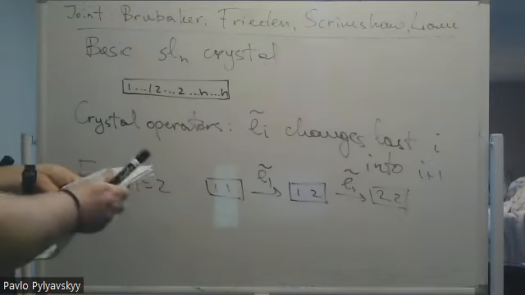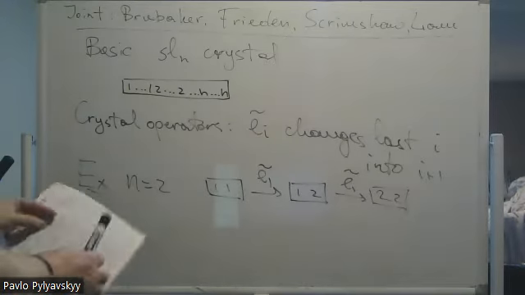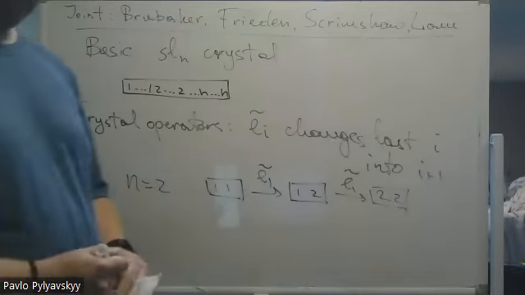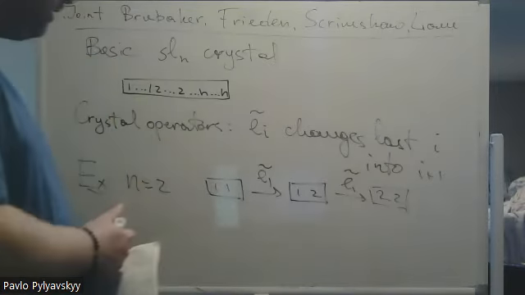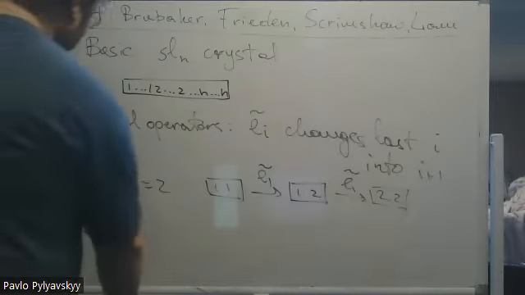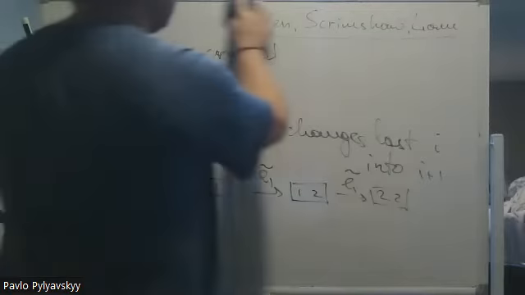Now, there is something interesting you can do with them. You can create more complicated crystals out of those by taking tensor products. So let me show you the tensor product construction.